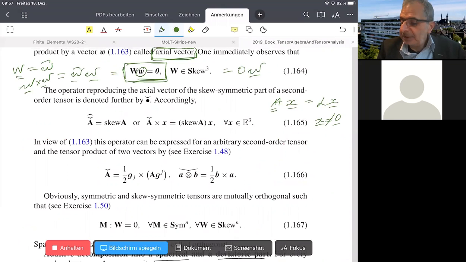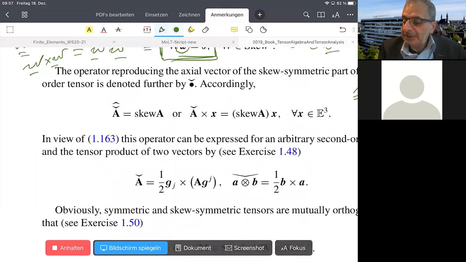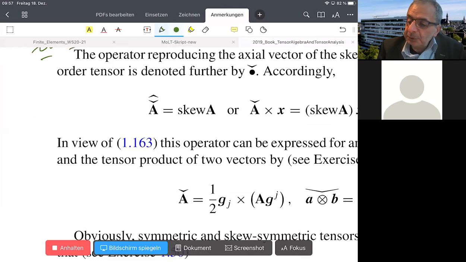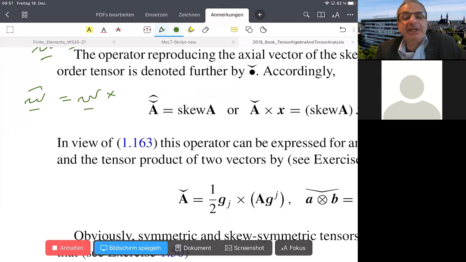Look, before we discussed with you this operation hat, which produces a tensor which calculates this vector product, right? So once more, it was equal to W vector, right? And now I define the inverse operation, right? From this skew-symmetric tensor, I get its vector W, that means its axial vector. But I would like to do it generally for any arbitrary tensor.